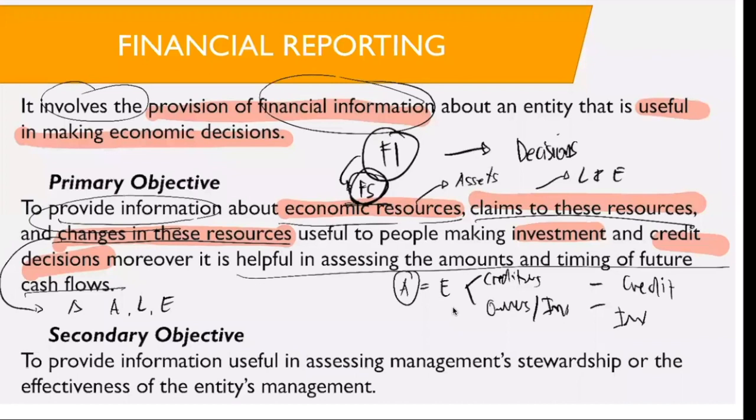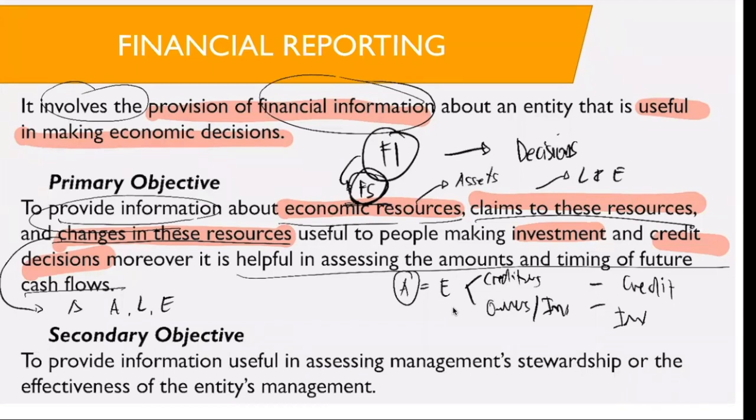I told you a while back, in making decisions, what does your user do? The user will try to look into the prospects of future net cash inflows of the entity. So when we talk about future net cash inflows, we look at the amount and timing or extent of those cash flows.